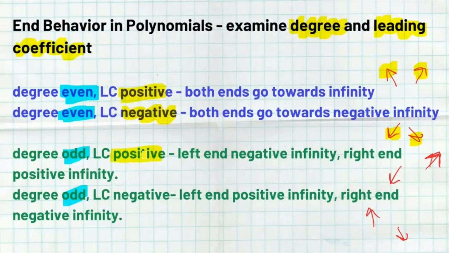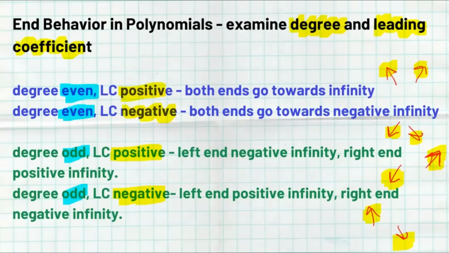If the leading coefficient is positive, the right end is going towards infinity and the left end is going towards negative infinity. If your leading coefficient is negative, the left end is going towards positive infinity and the right end is going towards negative infinity. So it's pretty easy to see that when you have a polynomial. Even when you don't have the graph of the polynomial, you can still determine the end behavior of the function.